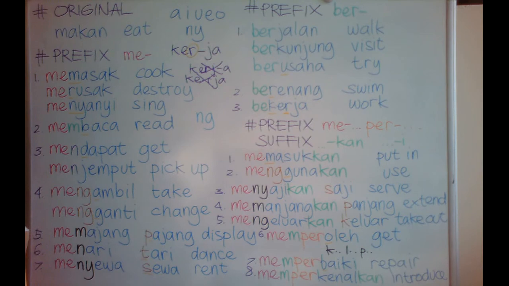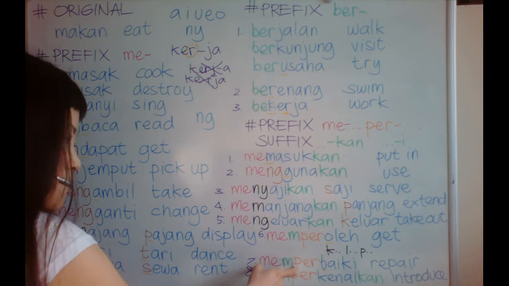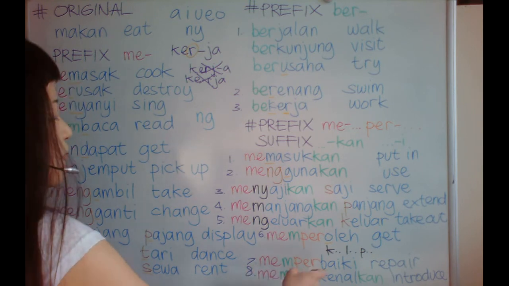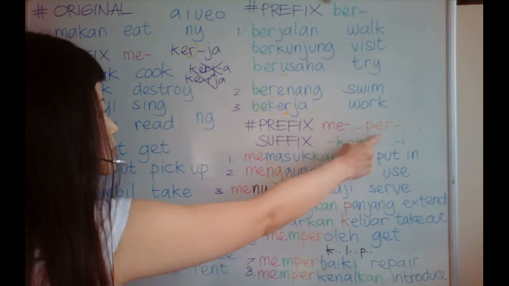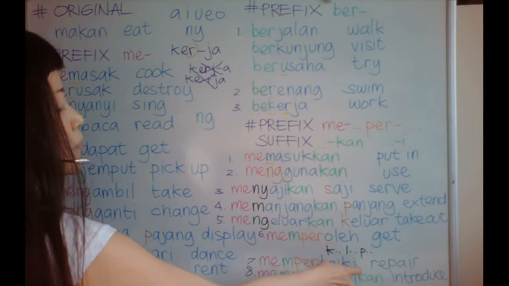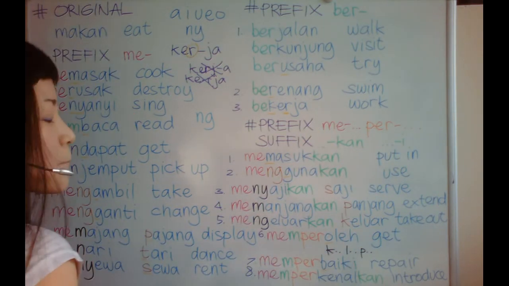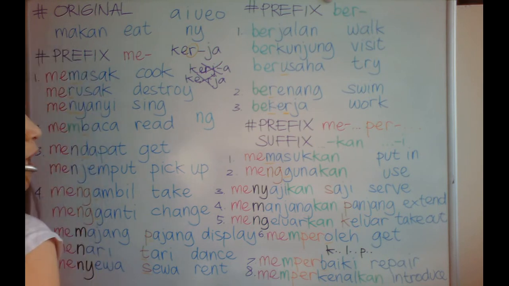To repair, to make it become repair, the meaning, we cannot say only baik, but we have to put again prefix mem, prefix per, but mem, per, and then baik, and then suffix i. Memperbaiki, memperbaiki, repair.